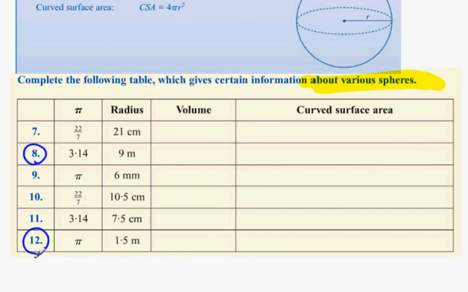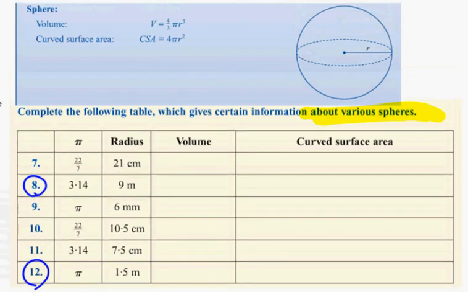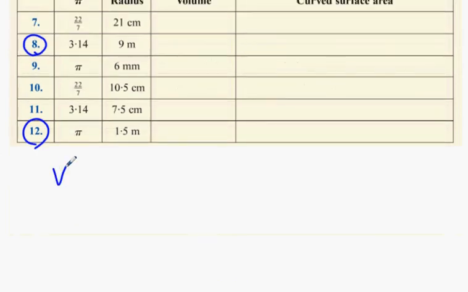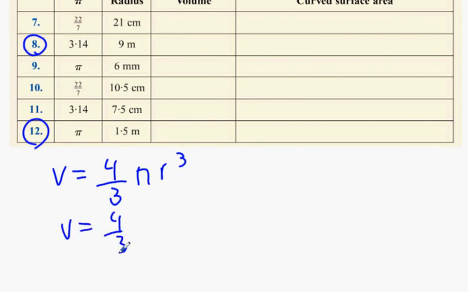As for the volume, I go up here and ask, okay, what's the volume? The volume formula is 4 over 3 pi r cubed. So I write down V equals 4 over 3 pi r cubed. Next thing I do is write down 4 over 3. What version of pi am I using? Am I using the one that's in my calculator, or is it specifying I have to use a certain number?